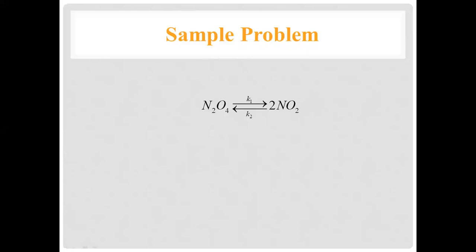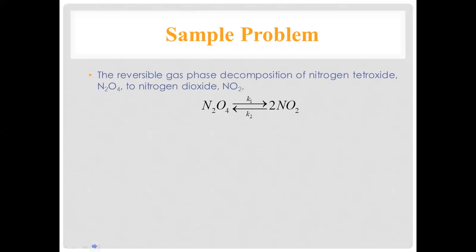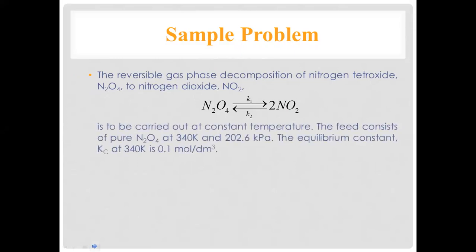Now, in here, you have dinitrogen tetraoxide converted to nitrogen dioxide. So it's a reversible gas phase decomposition. This is to be carried out at a constant temperature. Your feed consists of pure dinitrogen tetraoxide at 340 Kelvin and 202.6 kilopascal.